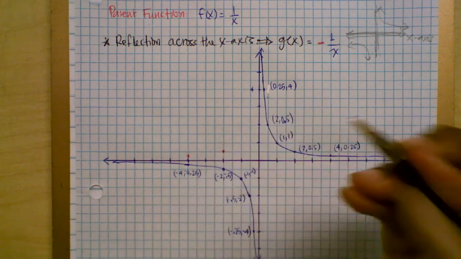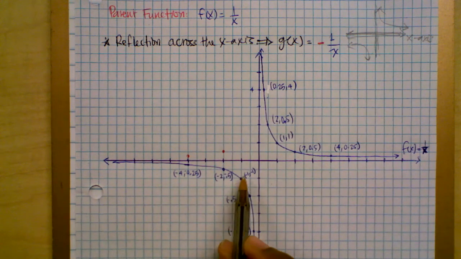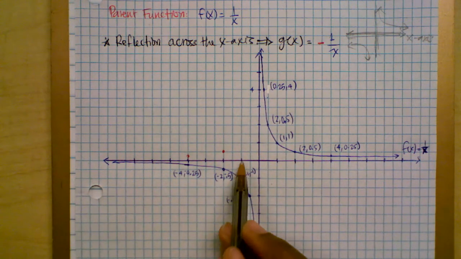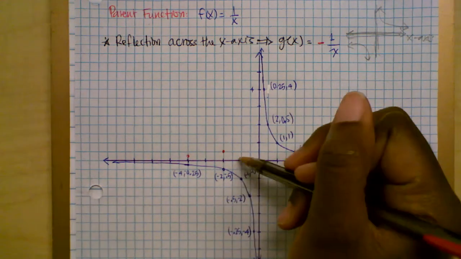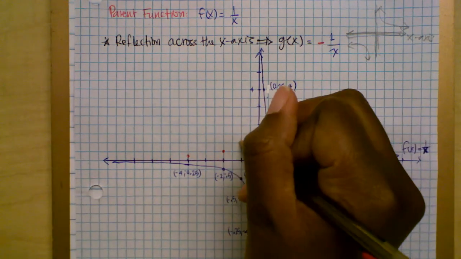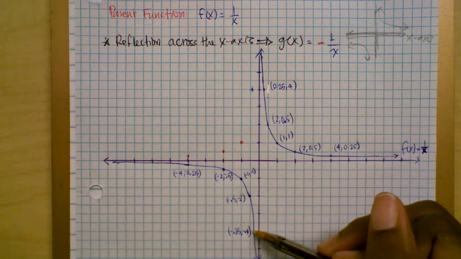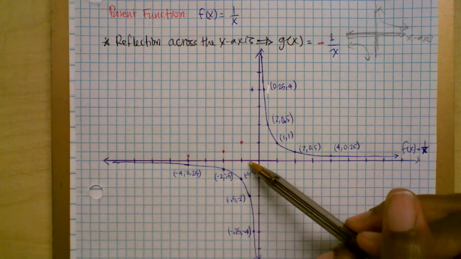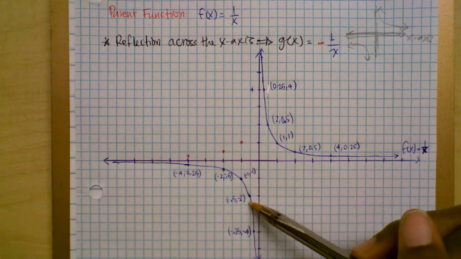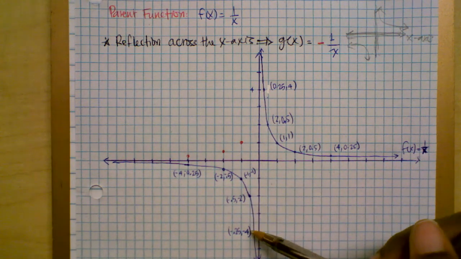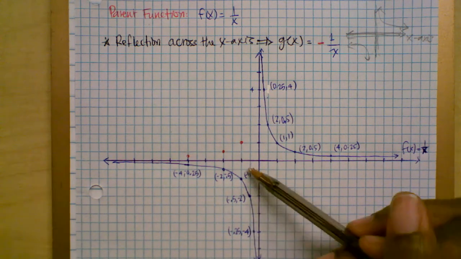This point here, negative 1, negative 1, is 1 unit, 2 squares, away, so I'm going to put that right here. We also have to go 2 squares on the other side. And the last one, if I count the squares, 2, 4, 6, 8, is about 8 squares away from the x-axis.